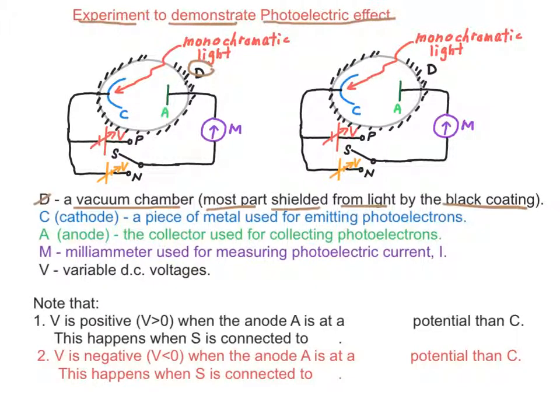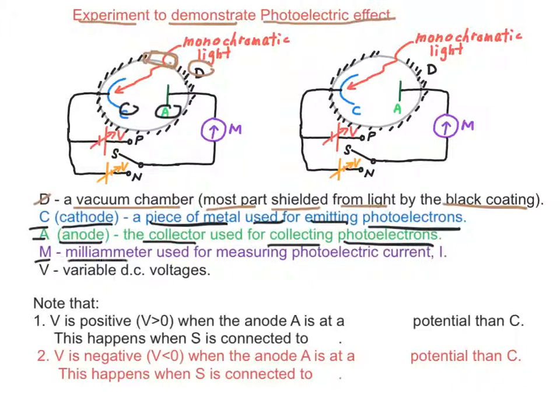Light can only enter the chamber through the window. C is called the cathode. It is a piece of metal used for emitting photoelectrons. A is called the anode, which is the collector used for collecting photoelectrons.